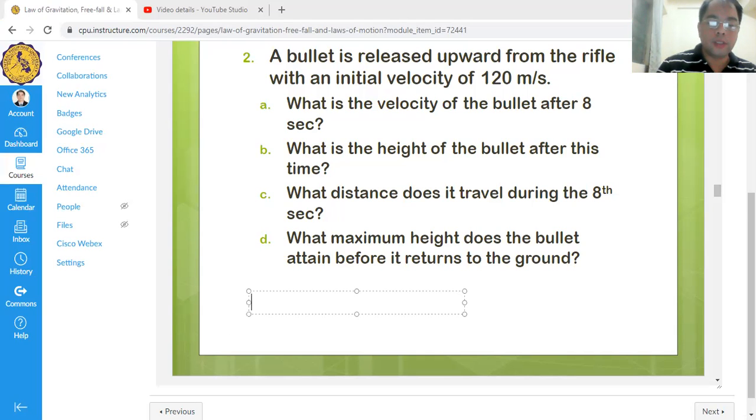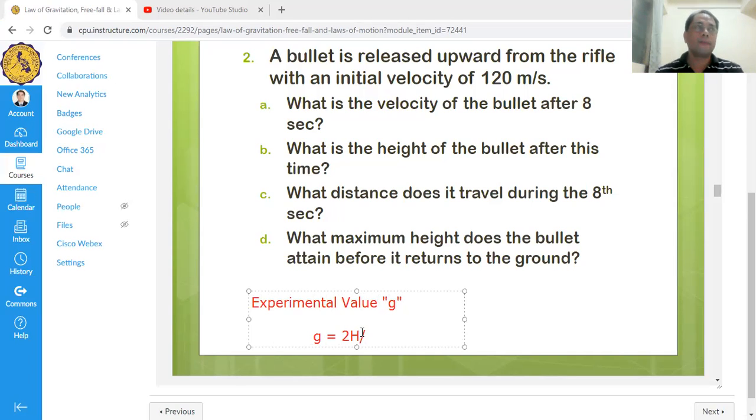So how do we determine the experimental value of g? I'll call it small letter g. In the lab, to get this value, you will solve g as twice the height, divided by the square of the time, t squared.